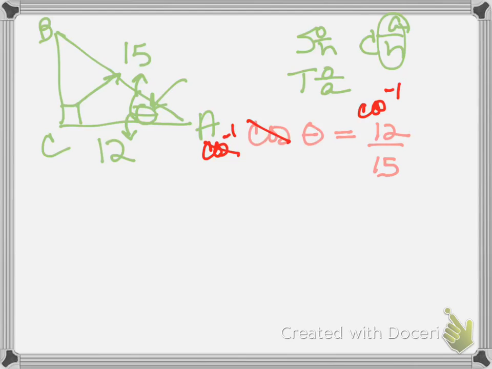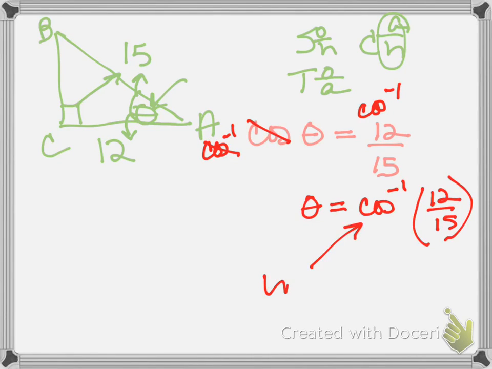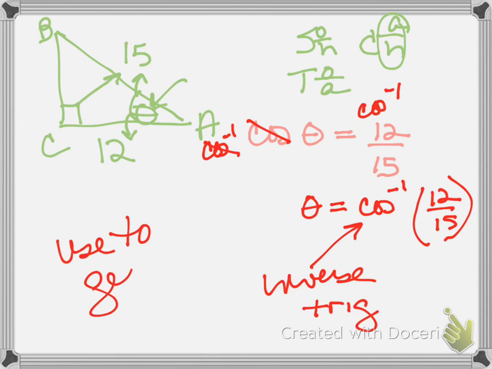That cancels the word cosine, and it leaves us with theta equals cosine to the -1 power of 12/15. Okay, this is inverse trig. You always use inverse trig to get angles. Okay, when you want an angle, you're going to use inverse trig.